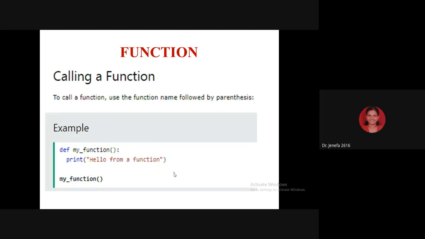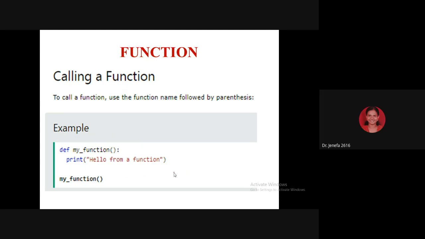And in the slide, we are going to see the syntax for calling a function. So what's the syntax for calling a function? As a real-time example, if you are calling a person, we call that person by their name.